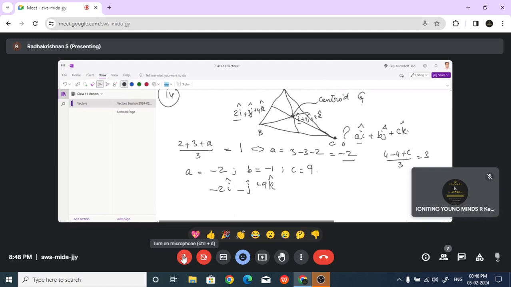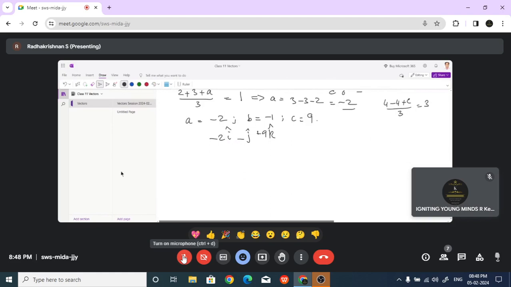Okay. Problem number 15. Magnitude of a plus b equal to 60. a minus b is 40.